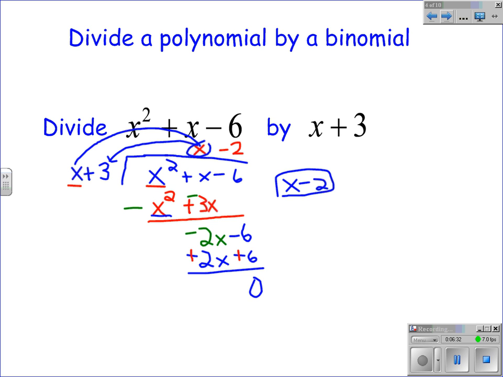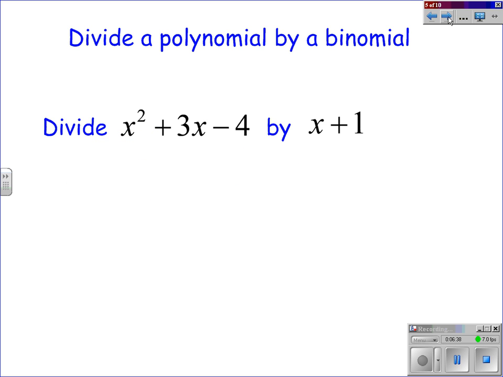Let's go through another problem together like this one. Let's do x squared plus 3x minus 4 divided by x plus 1. When you start out with this, that first term, x, you have to look at how many times does it go into x squared?